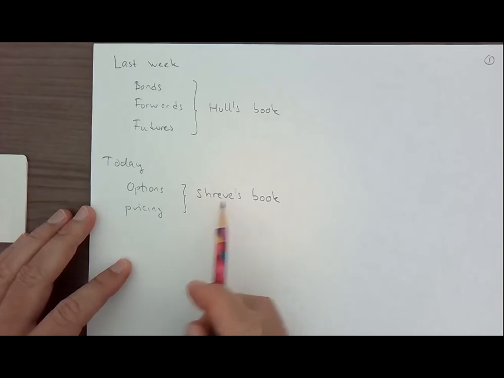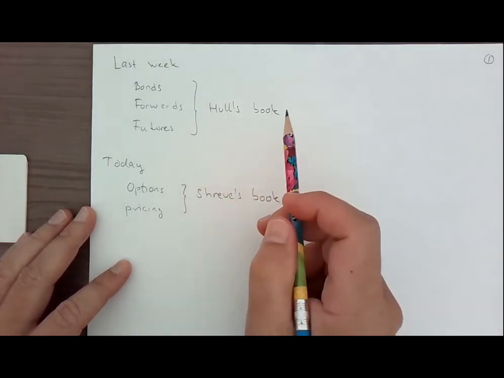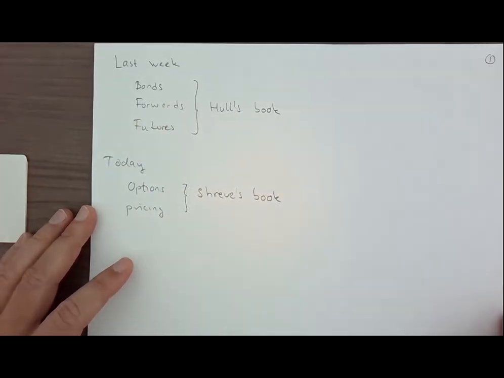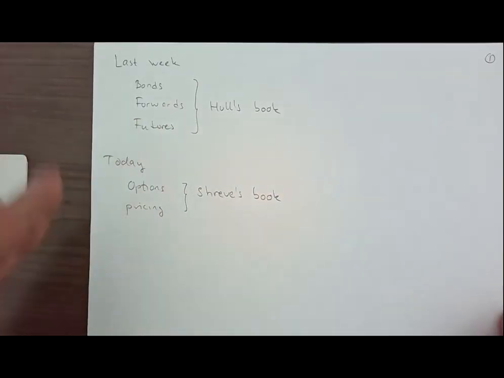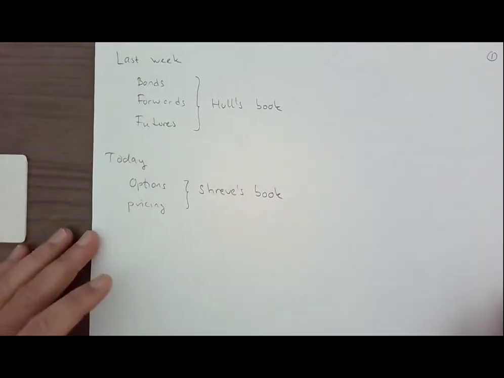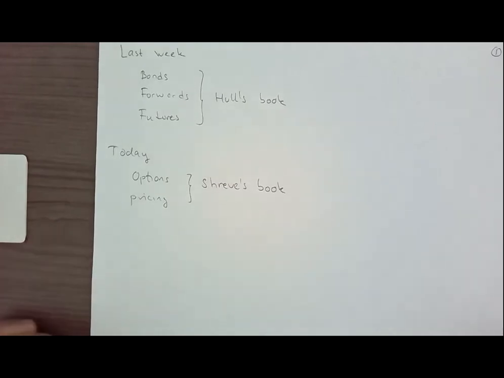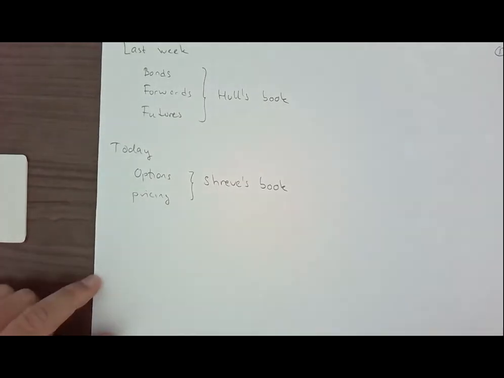There's a lot more math in Steve Shreve's book than there is in John Hall's. On the other hand, John Hall's book has more basic description of the various assets, like bonds, forwards, futures, options, and so on.